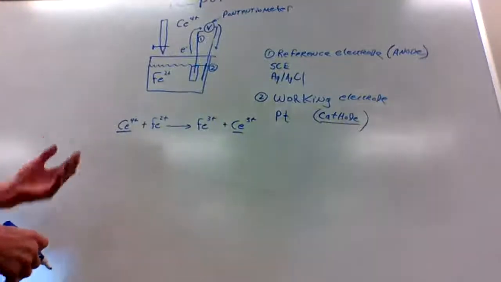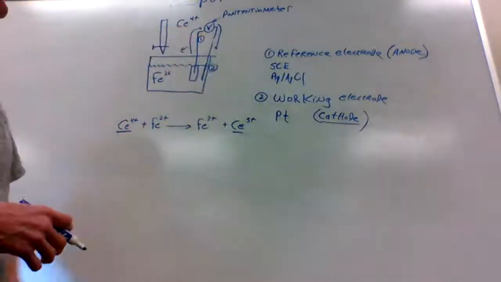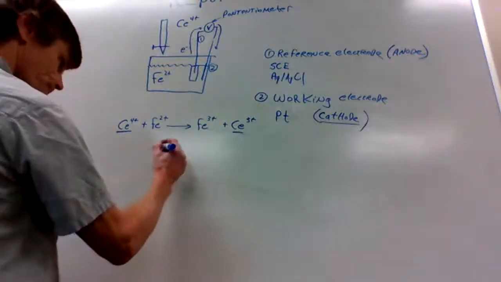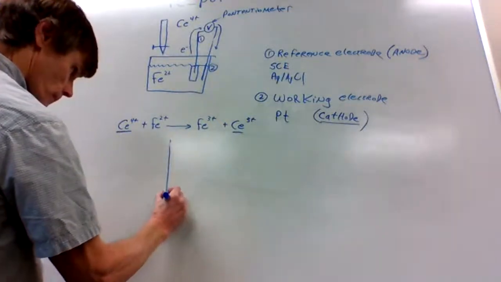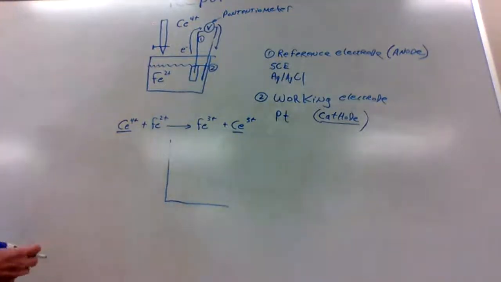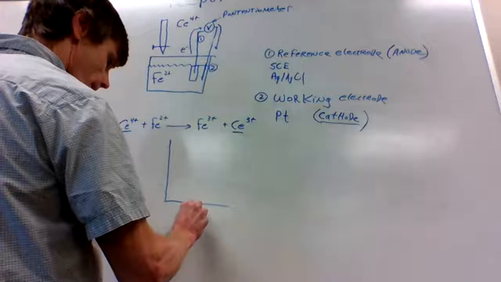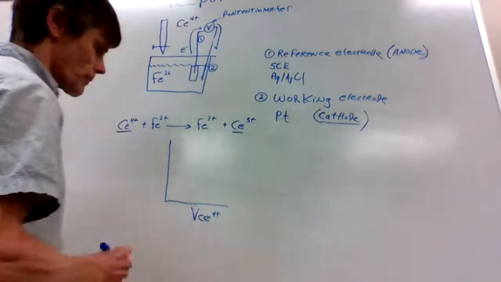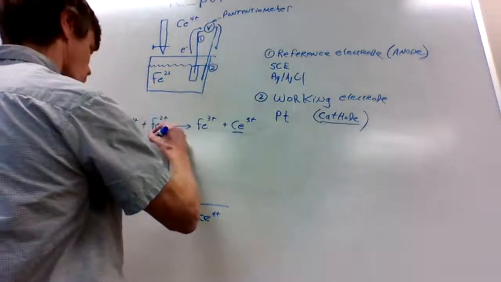And our measurement is going to be made using this potentiometer. And what we're going to plot are volume additions of our cerium 4 versus a measured potential.